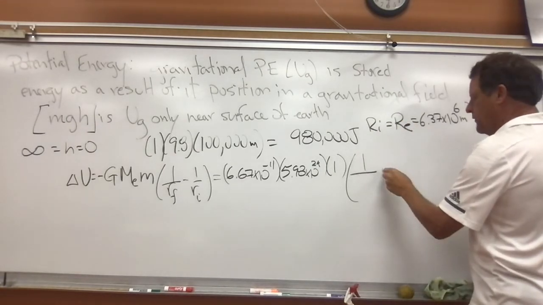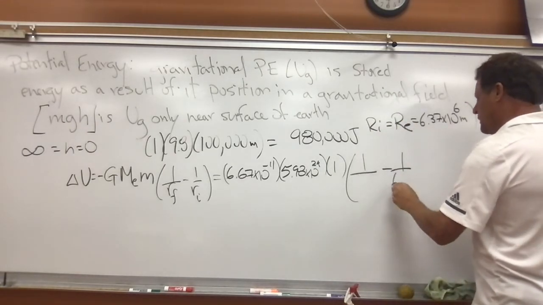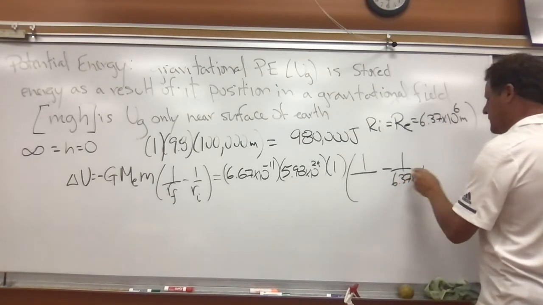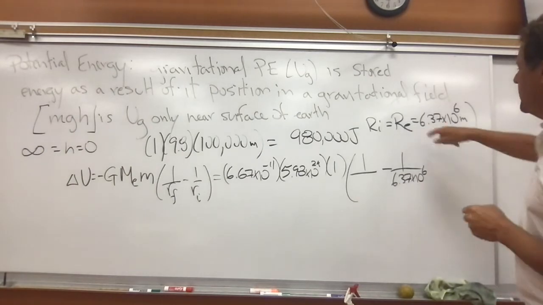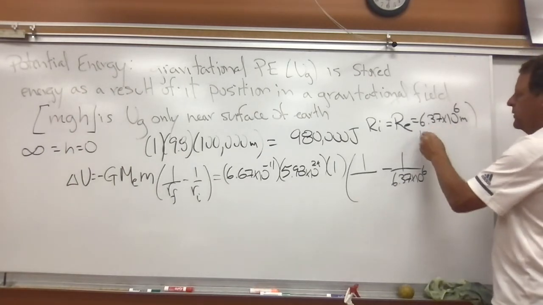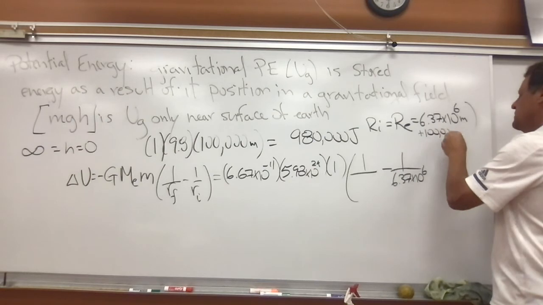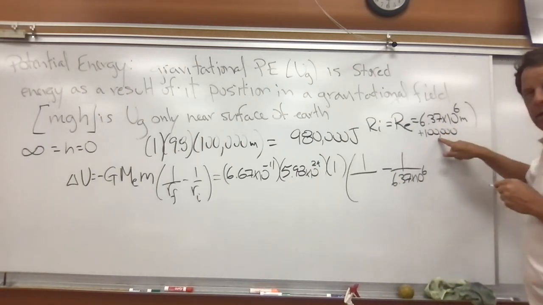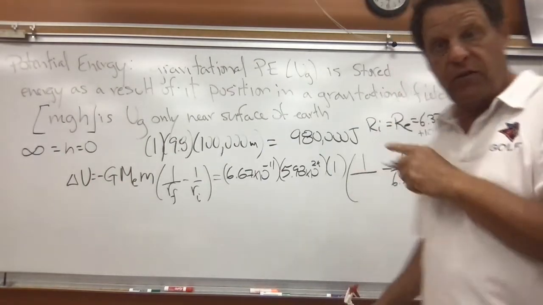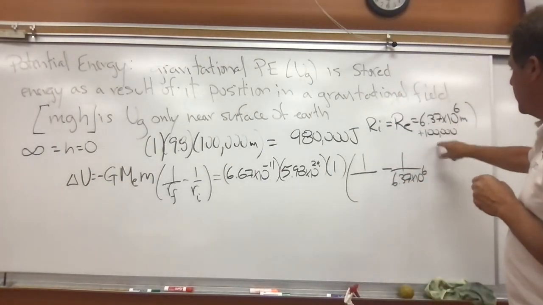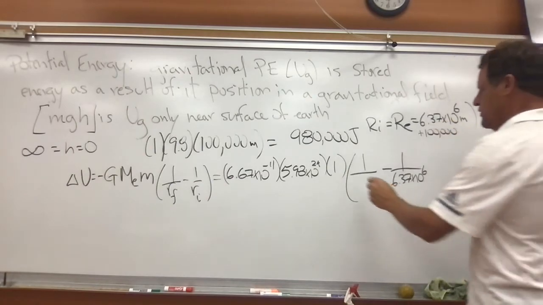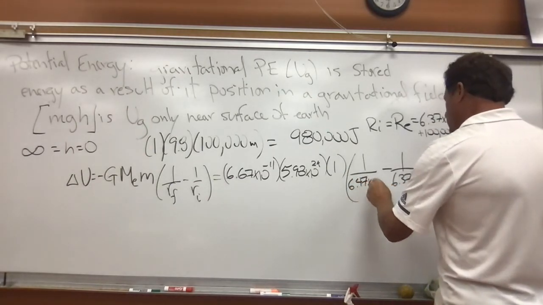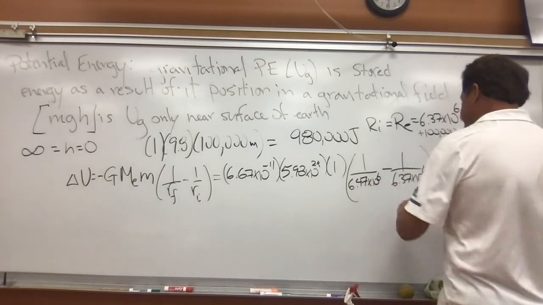So let's put that in first. So 1 over 6.37 times 10 to the 6th. Okay, now if we take 6.37 and we add 100,000 to that, that's 1 times 10 to the 5th, which means when we add it, that's going to be 6.47 times 10 to the 6th. Okay?